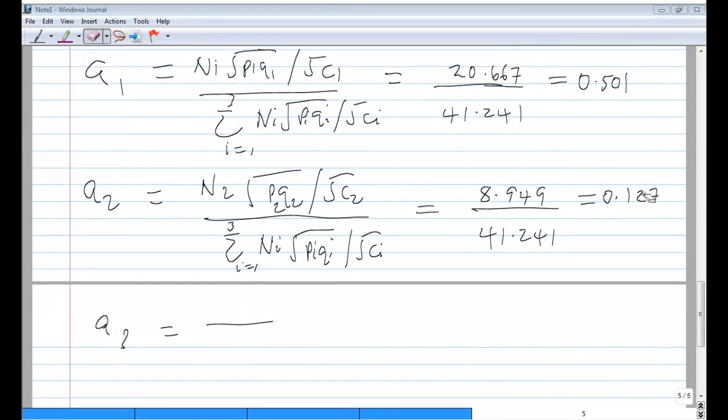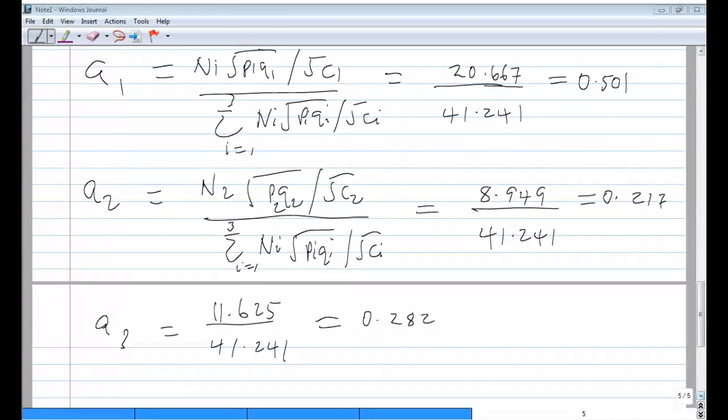Okay, A2 is 0.217. So A3 is what? Numerator is what? 11.625. Then divide by 41.241. The answer is what? 0.282. Okay, now you have got A1, A2, A3.